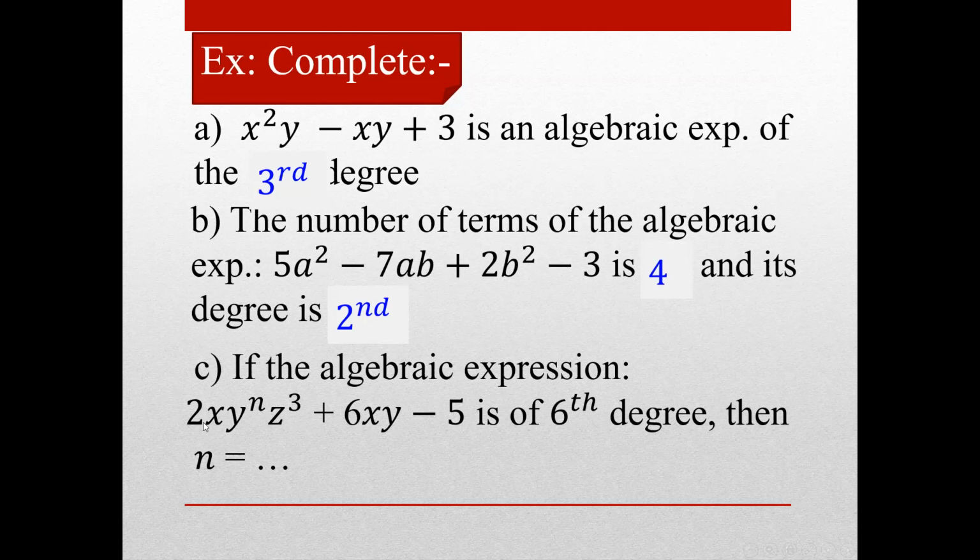So 2xy power n z power 3 is of the sixth degree. So the sum of the powers of the algebraic factors, 1 plus n plus 3, equals 6. So n will be 2.